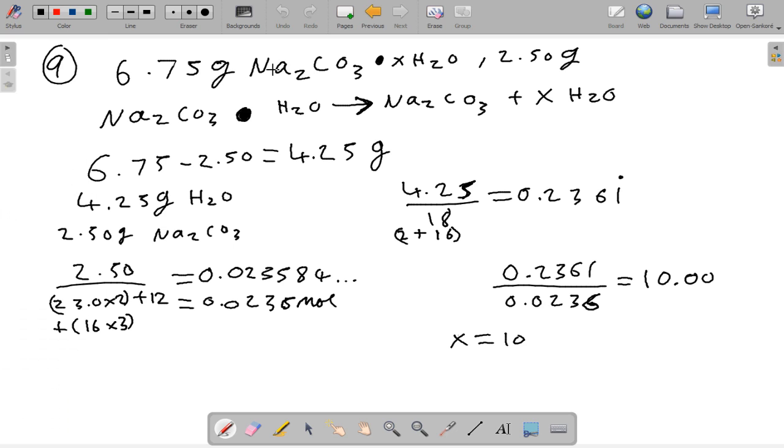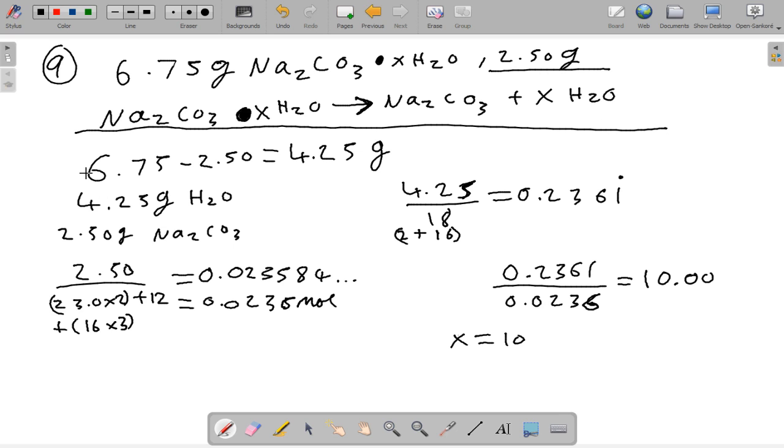6.75 grams of sodium carbonate.X H2O with 2.5 grams of the anhydrous. So Na2CO3.X H2O gives us sodium carbonate plus X H2O. Nice to start off with an equation to know where you're going. 6.75 minus 2.5 is 4.25 grams.